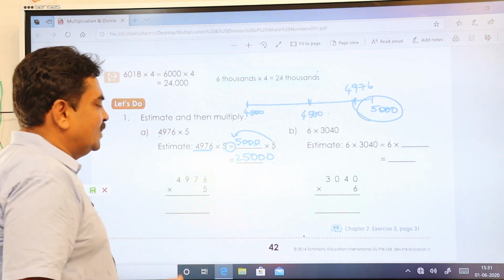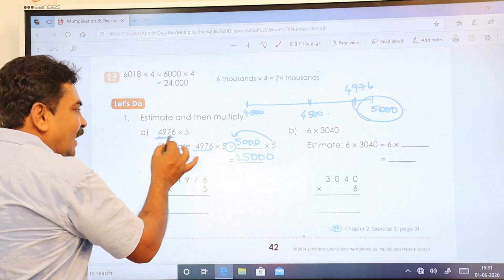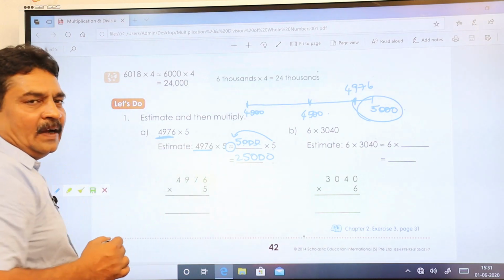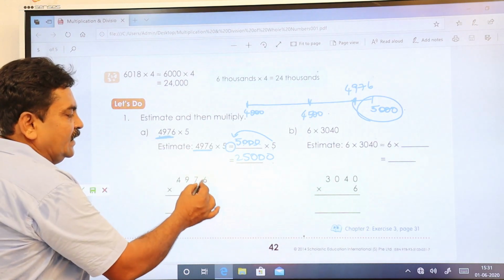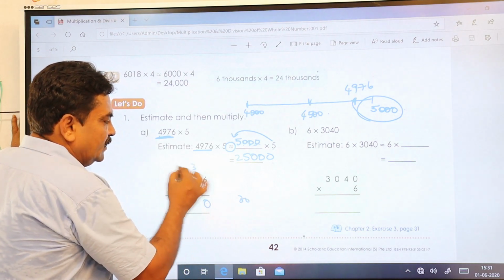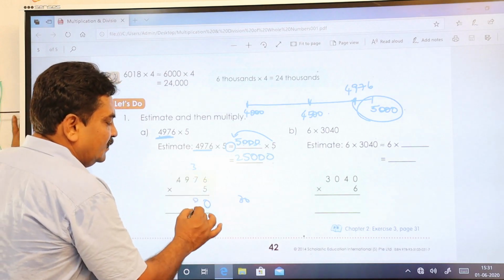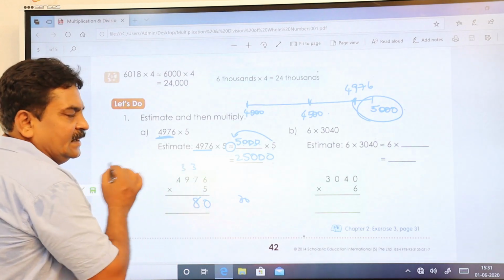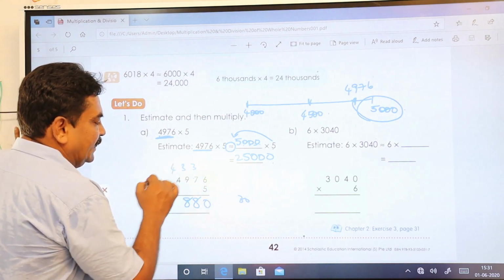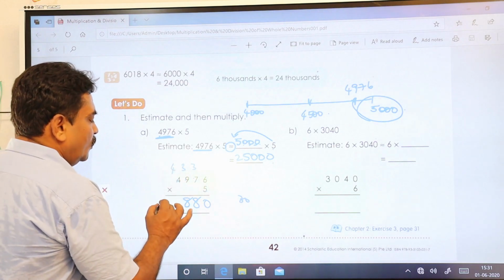Similarly, now we will calculate with the original value and check it. 4976 into 5. 5 6s are 30, this 0 and here is 3. 5 7s are 35, 35 plus 3, 38. 5 9s are 45, 45 plus 3, 48. 5 4s are 20, 20 plus 4, 24.